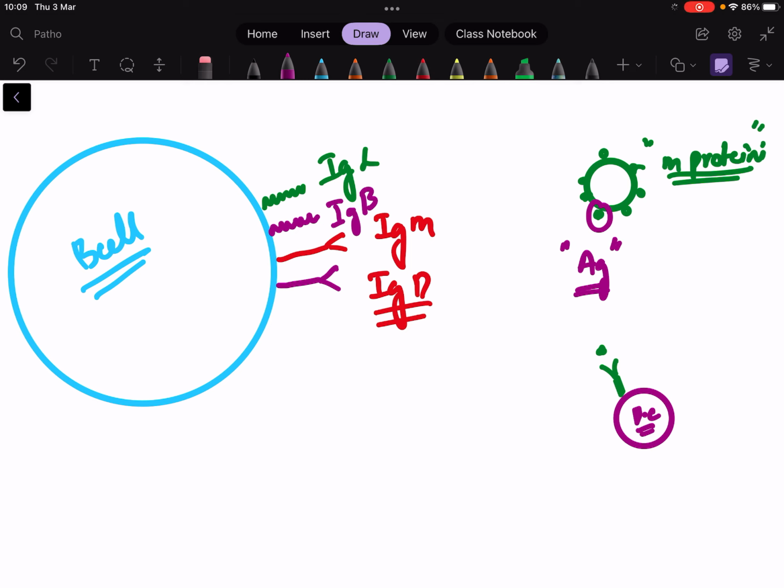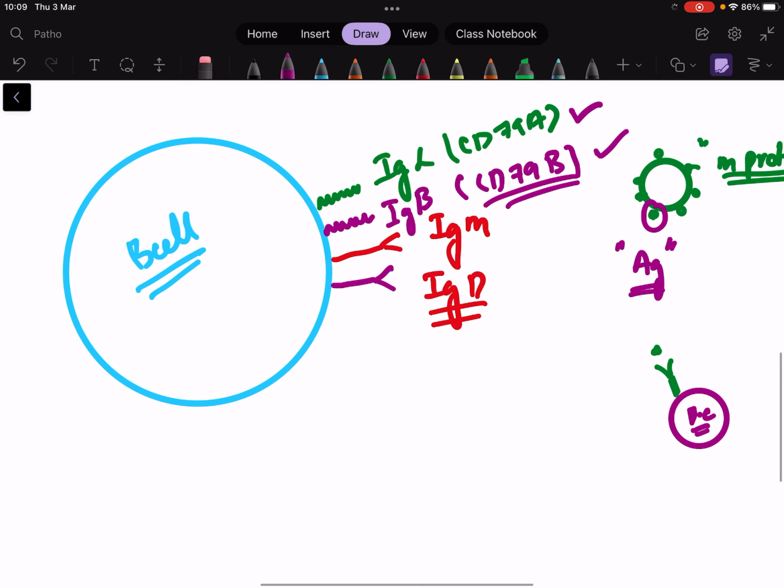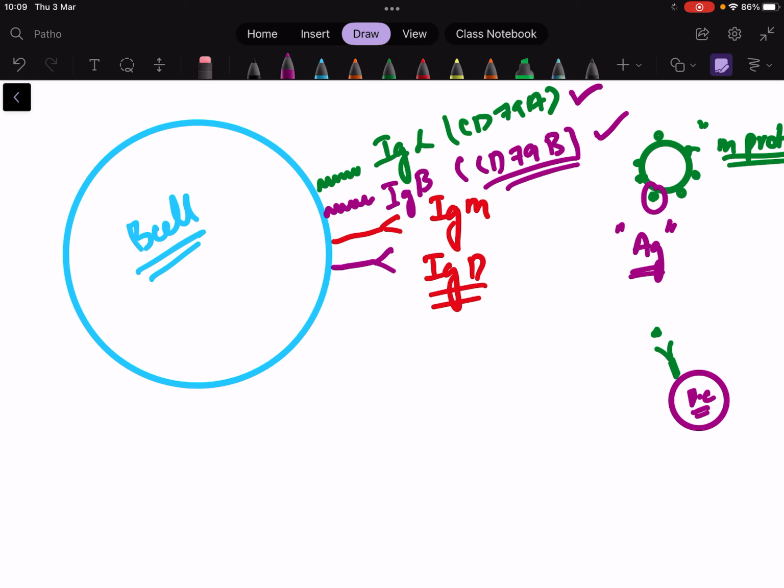Immunoglobulin alpha is also called CD79A, whereas immunoglobulin beta is also called CD79B. So these are the B cell receptors which are present on the B cell. Now what are the other types of receptors which are present on the B cell?